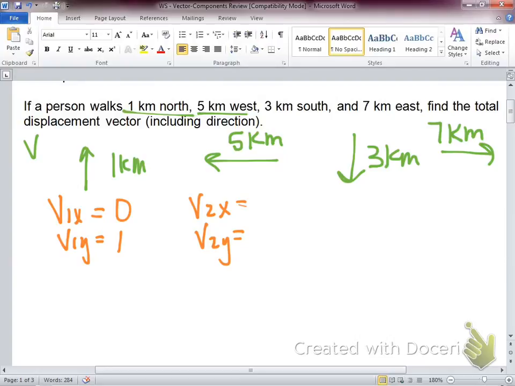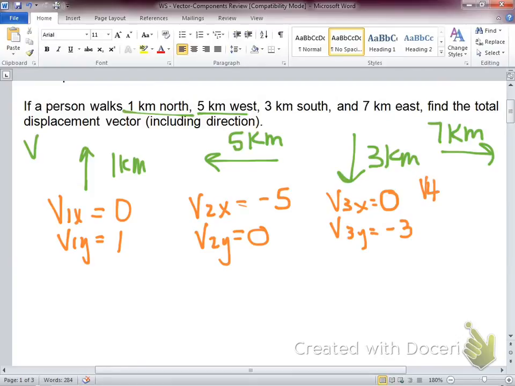So if I wanted to look at v sub 2x, what would my v sub 2x value be? -5, good. And why is it negative? It's going west, very good. And I have no y component there. Okay, so v sub 3x is going to be 0. And v sub 3y is -3, good.